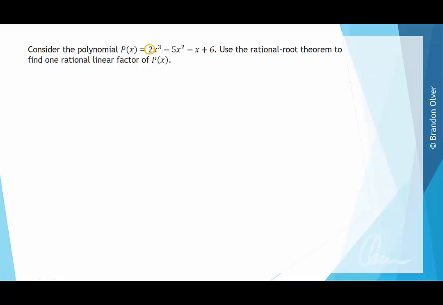Similarly, the constant term, which is plus 6, is also important. So the rational root theorem states that possible factors are given by plus or minus the factors of 6 divided by the factors of 2, where the 6 is the constant term in the polynomial and the 2 is the coefficient of the leading term.